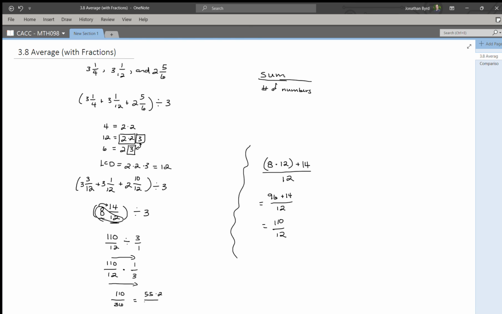And then on the bottom here, that would be 18 times 2. And then I could cancel out that common factor on top and bottom, and I would end up with 55 over 18. And that appears to be simplified or reduced. So the average, as an improper fraction anyway, of 3 1/4, 3 1/12, and 2 5/6 is 55 over 18.